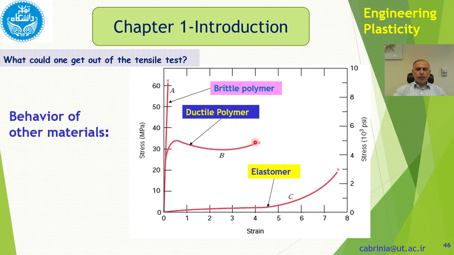Here the ductility is less than this, but the toughness is much higher. And here the toughness is very low because it's brittle, and ductility is much lower. So the best material here is this one. Of course, if you compare steel to these materials, you will realize that steel is the best engineering material that you can use in design and manufacture. So far it's the best.